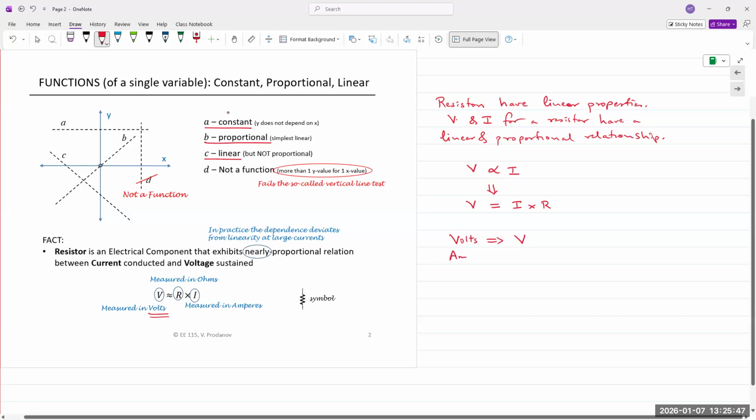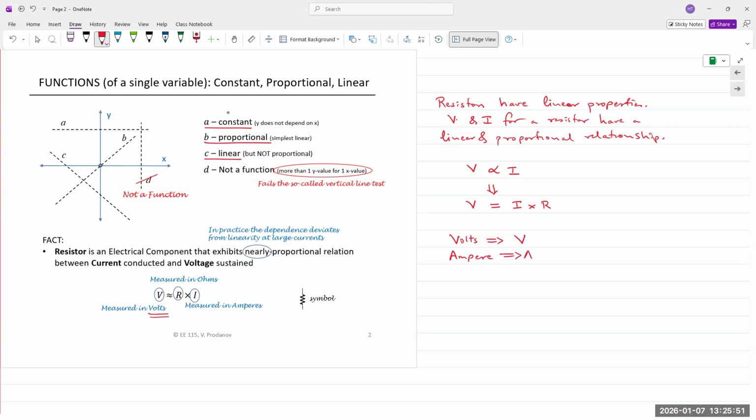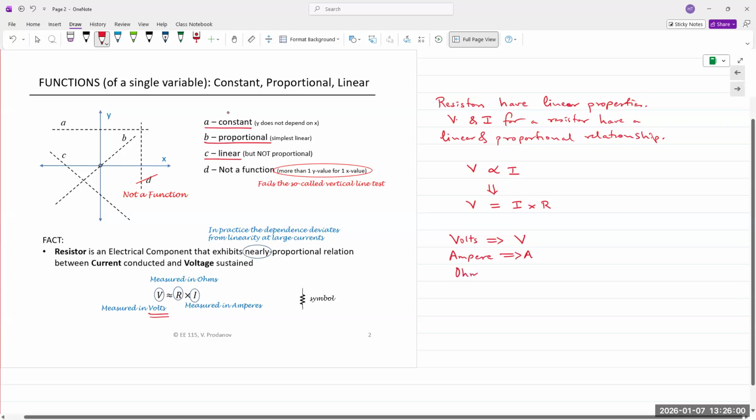Current is ampere, A, or amp for short, AMP, again, uppercase. And ohm is unique because it uses the Greek letter omega.